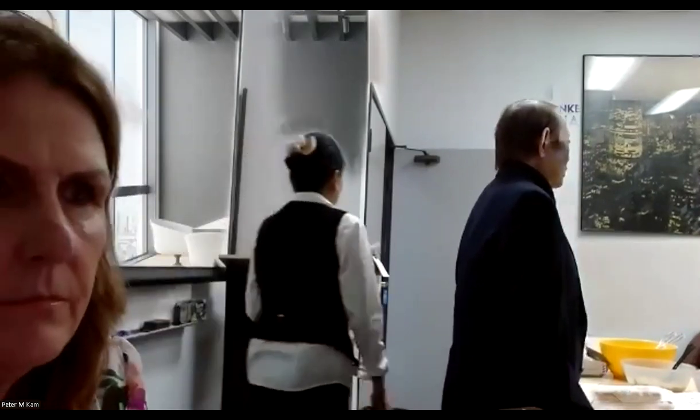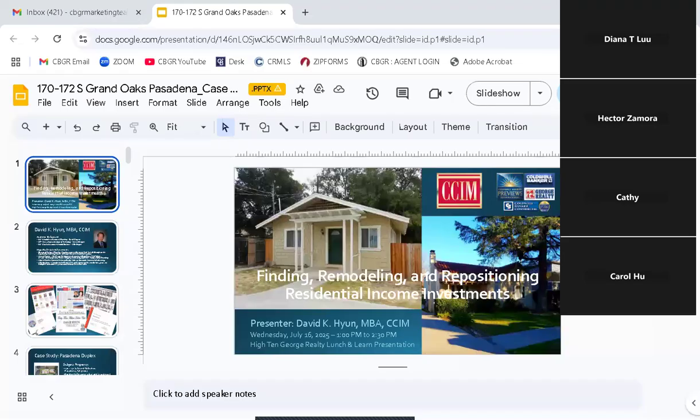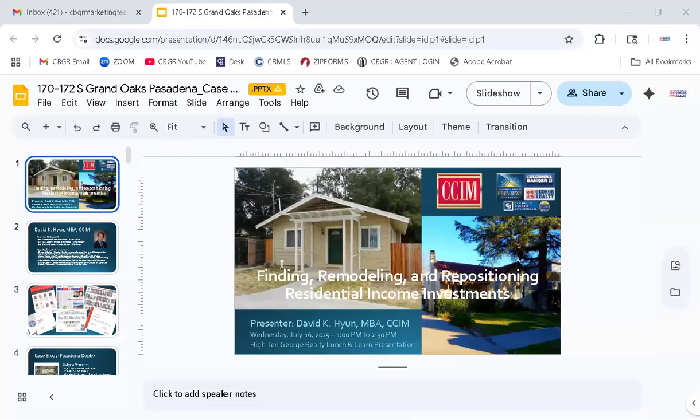In your case, always take the effort to have Michelle Olson review your proposal, your letter of intent, or your offer to purchase, or Peter Cam, to make sure that if there is a mistake or an oversight that you have made, they can catch it and you can correct it before you submit it to the client. Step number 5, we're getting there. Step number 5, this is something that I do personally.